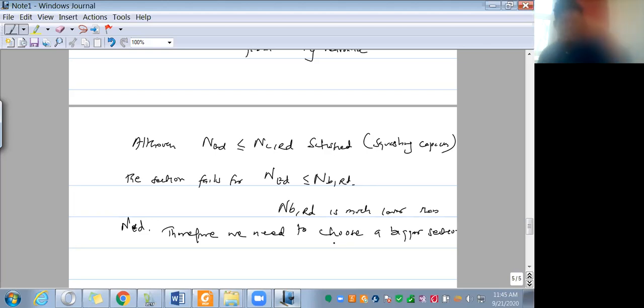So in this process you have to choose a bigger section, and then you redo the whole thing. Anyway, when you choose a bigger section, it will satisfy the squashing capacity. You need to check whether it's falling under class 1, 2, 3, and you have to check for the bending capacity or bending resistance.